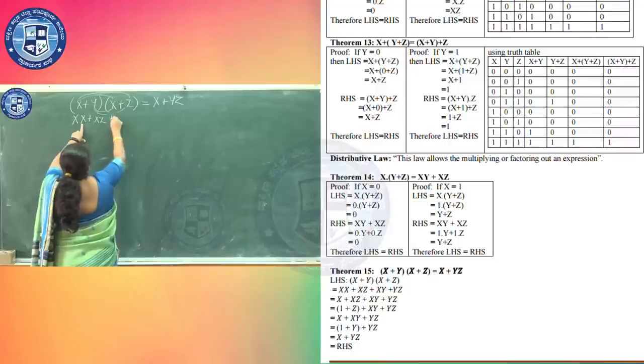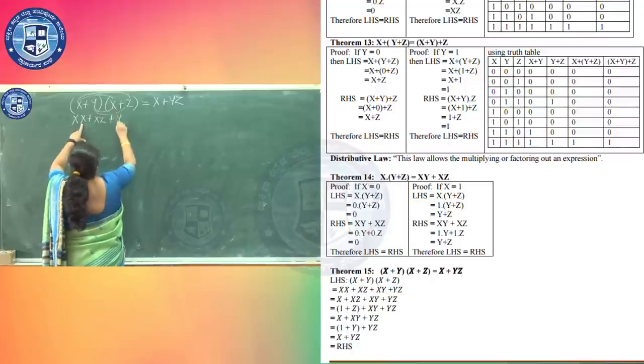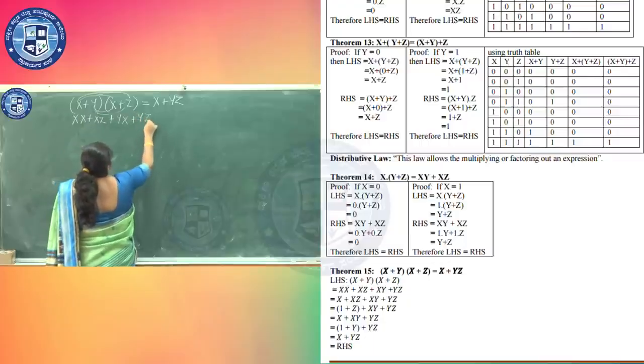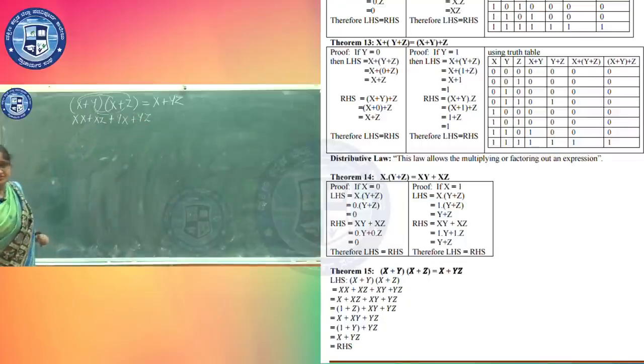This is the term we get. Hope you know this. This is the same as how we do a plus b into a plus c. We will multiply these two, this with this and this with this. Again we multiply each term with the other term.